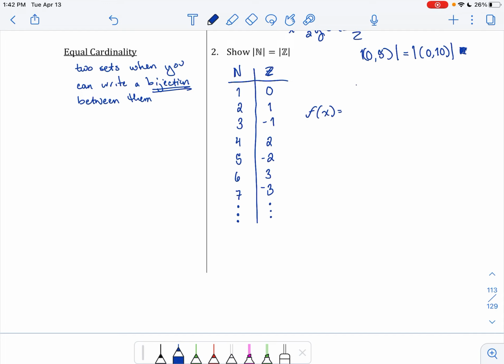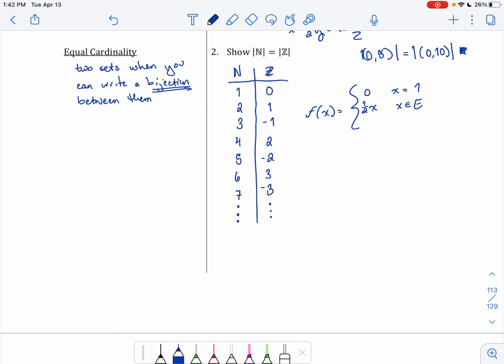F of x, I'll say that it's 0 where x is equal to 1. If x is even, so 2, 4, 6, you'll notice 2 goes to 1, 4 goes to 2, 6 goes to 3. So this would be 1/2 x when x is in the even numbers.